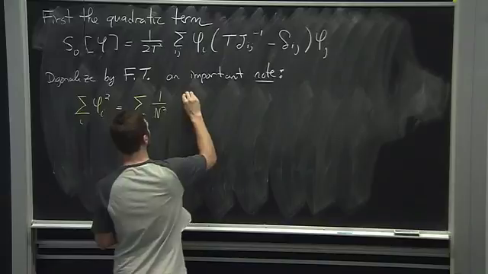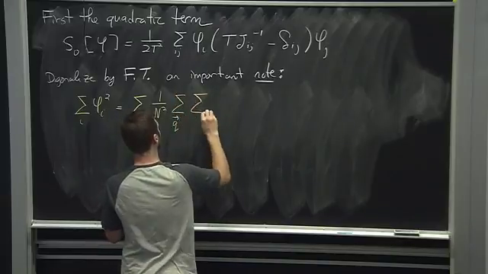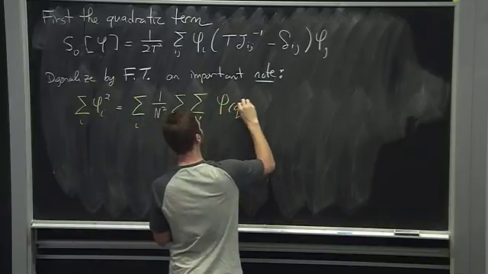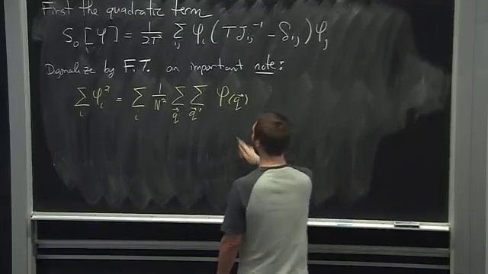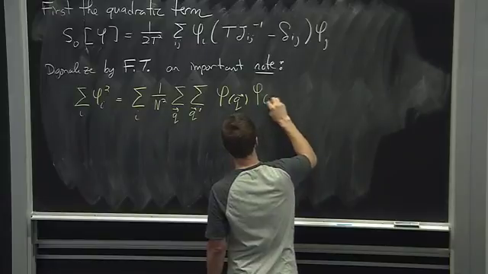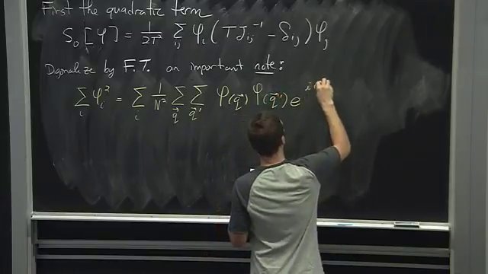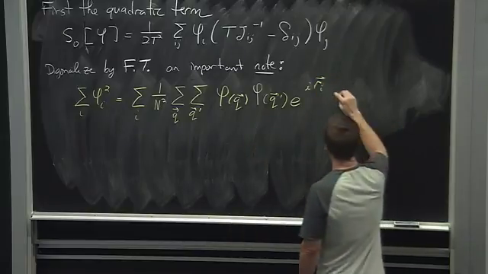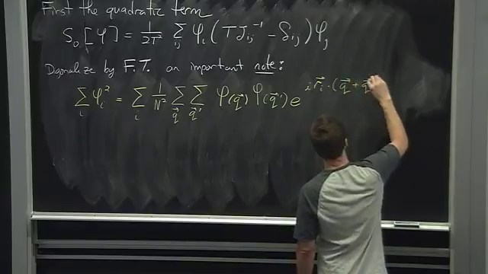There's two fields, so let's be careful and use two momenta in the Fourier transform. That's the Fourier transform field. So I need a q and a q prime there. And I can write it like this, e to the i r, the position vector of site i, dot, and I'll write it q plus q prime.